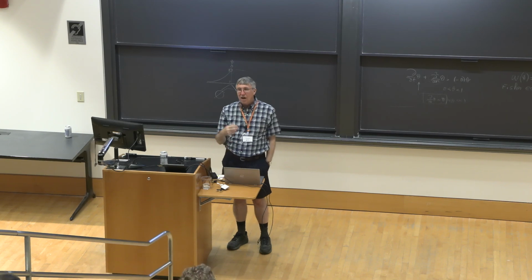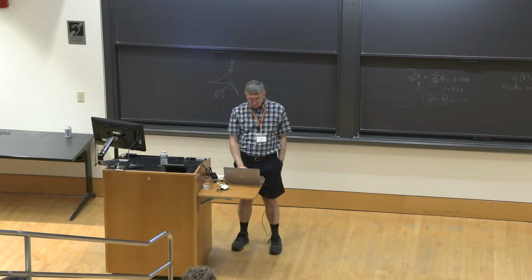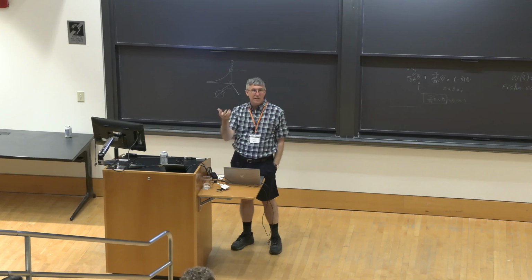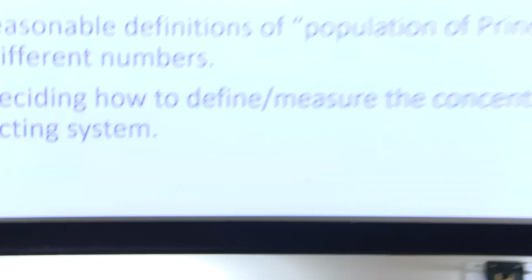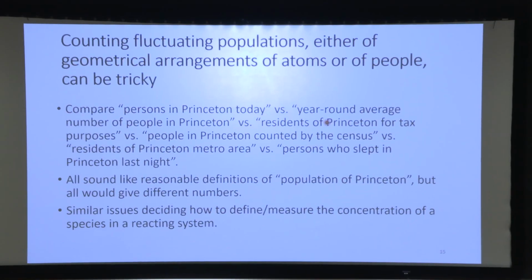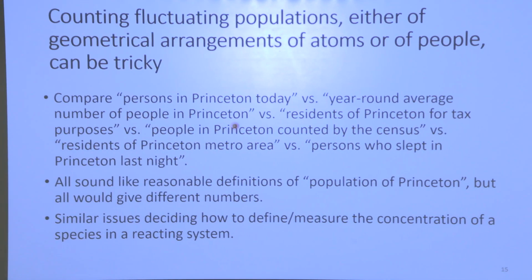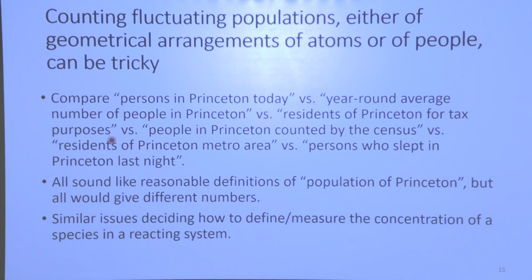And this is not just in atoms or molecules. It's also with people. So we could try to say, well, what's the population of Princeton? What's the concentration of Princeton stuff? I could say, well, how many people are in Princeton today? Or what's the year-round average number of people in Princeton? Or the residents of Princeton who pay taxes?